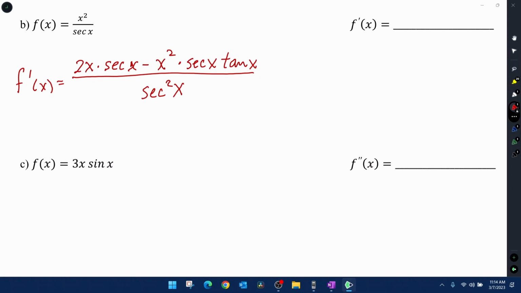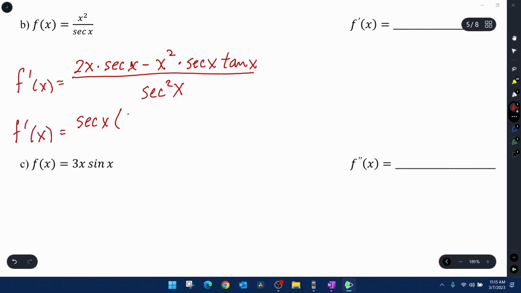And then if it's at all possible, you need to simplify that. So in the numerator, do you see there's two terms? Do they both have a secant x? They do. And so what I can do is I can eliminate a secant x. I'm going to show that by factoring it out. And that will leave me 2x minus x squared tangent x all over secant squared x.